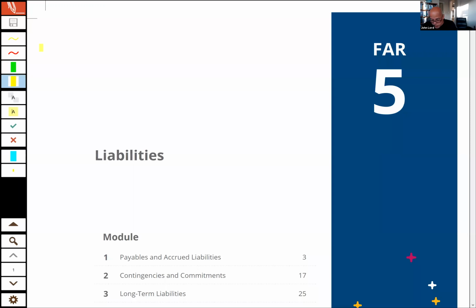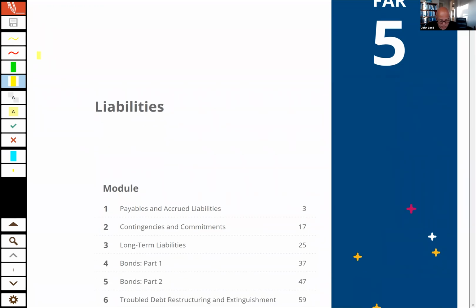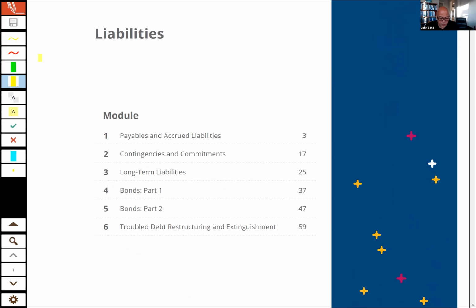Okay, guys, let's go ahead and jump back in. I want to see if we can knock out at least these first 3 modules here before we have to end tonight, which will give us a good shot of getting through chapter 5 by next time.